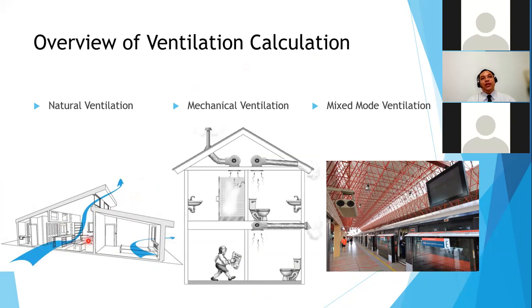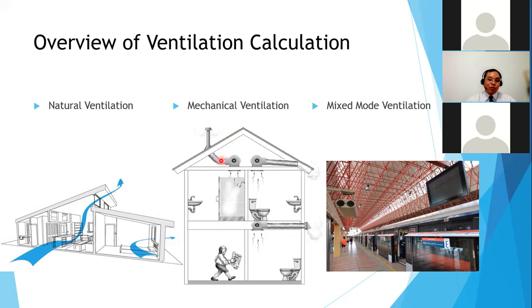That's called natural ventilation. But when you use mechanical equipment such as fans and blowers to introduce air into a space, that is called mechanical ventilation. But sometimes there are areas which are mixed. Part of it is natural ventilation, another part of it is using mechanical fans.